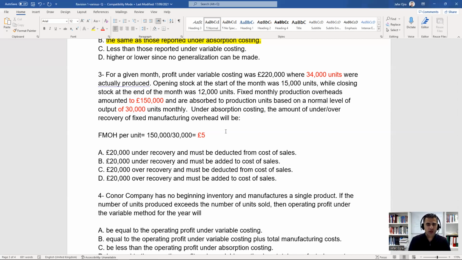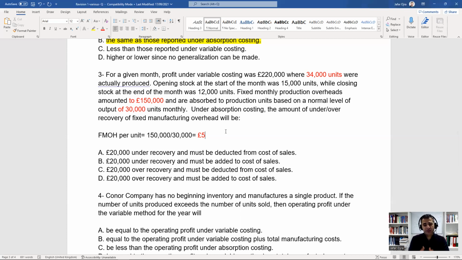Now the question is, are we deducting it or adding it to the cost of sales? Of course, we deduct it. Over absorbed, we deduct. Under recovery or under absorbed, we add. So if you have a different question where it is under recovery, it must be added to the cost of sales.